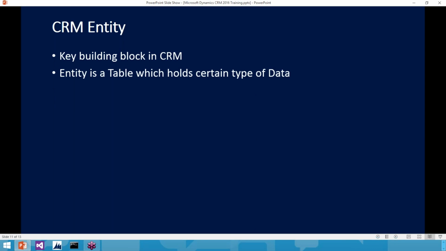which holds the data. So far you guys have been learning about SQL, so you are more familiar with tables. But in CRM, everything is called an entity. So the terminology changes. That's it. But behind the scenes, it's a table.